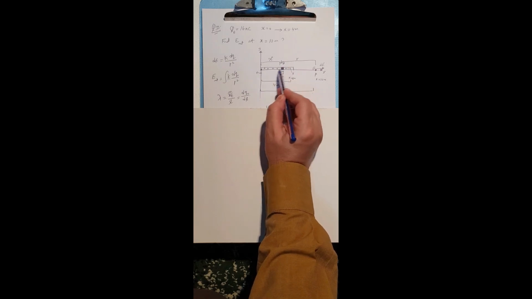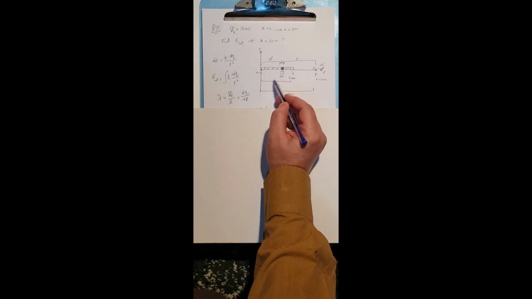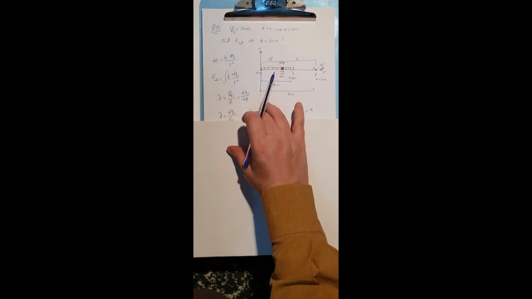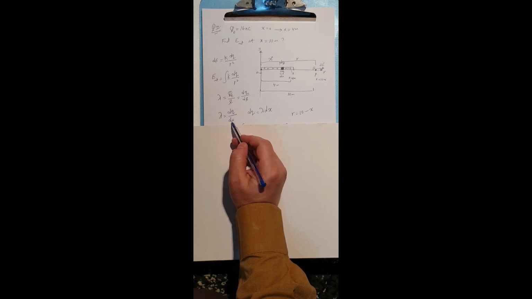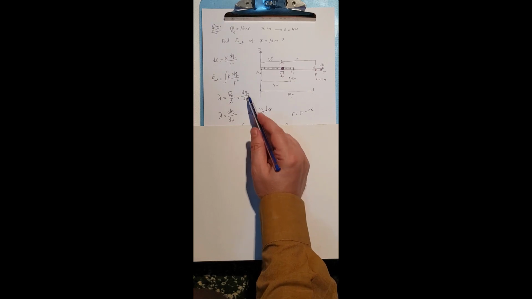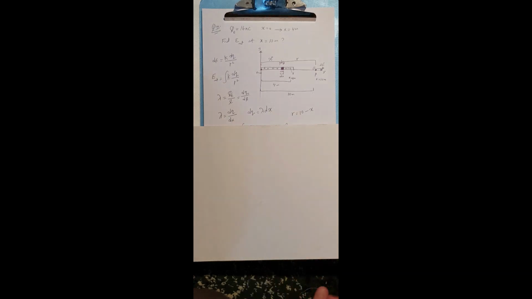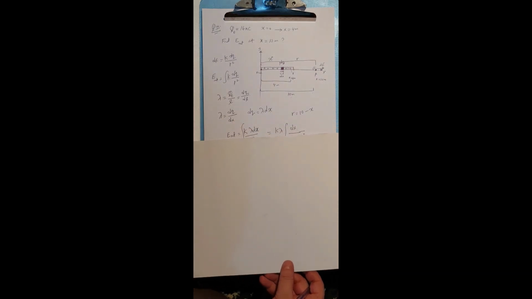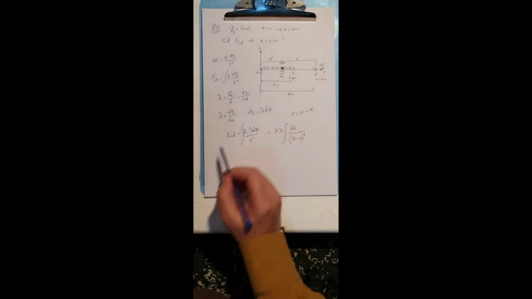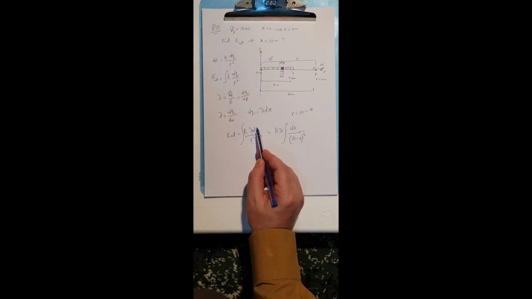This is total L. But since L is on x, we don't want to create another variable L. So we change it to lambda equals dq over dx. dl here is dx. So dq then is equal to lambda dx. So replace dq here with lambda dx. So you have k lambda dx over r squared.